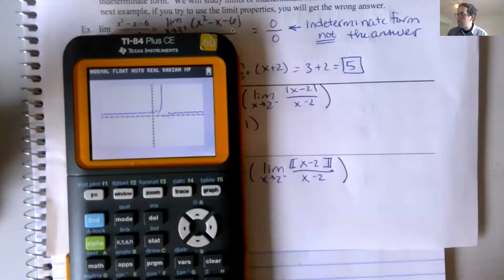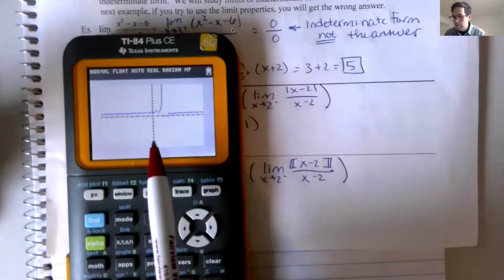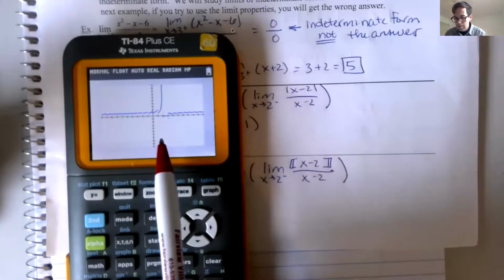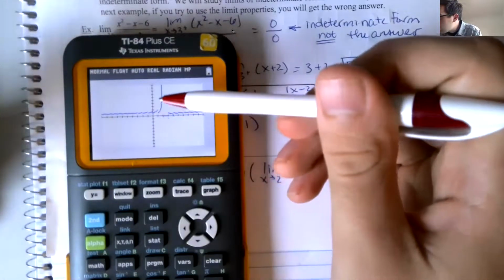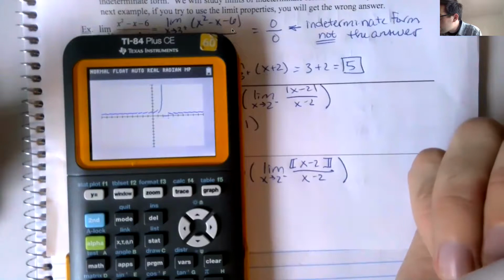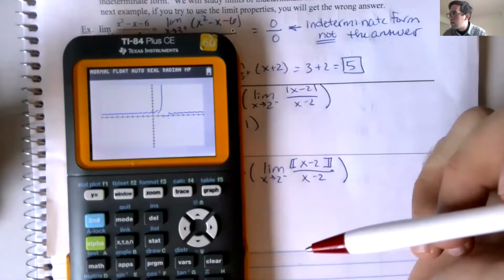Oh my goodness, that is crazier than I was expecting. X approaches 2 from the left. Wow, okay. So according to this, that looks like it is approaching something crazy, like infinity.